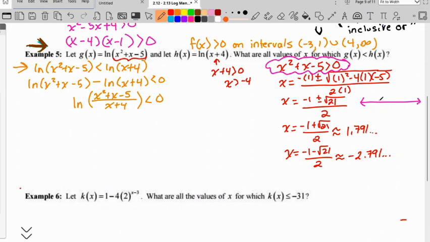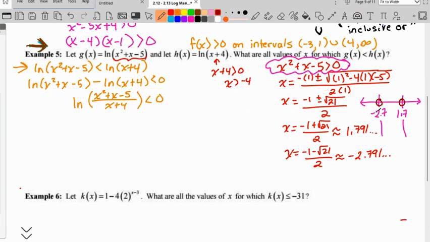So if I've got negative 2.7 and positive 1.7, just truncating those for numbers to plug into, we need to check those three intervals and see which ones work. We don't want to include the ones where they're equal to 0, so those are going to stay open circles.